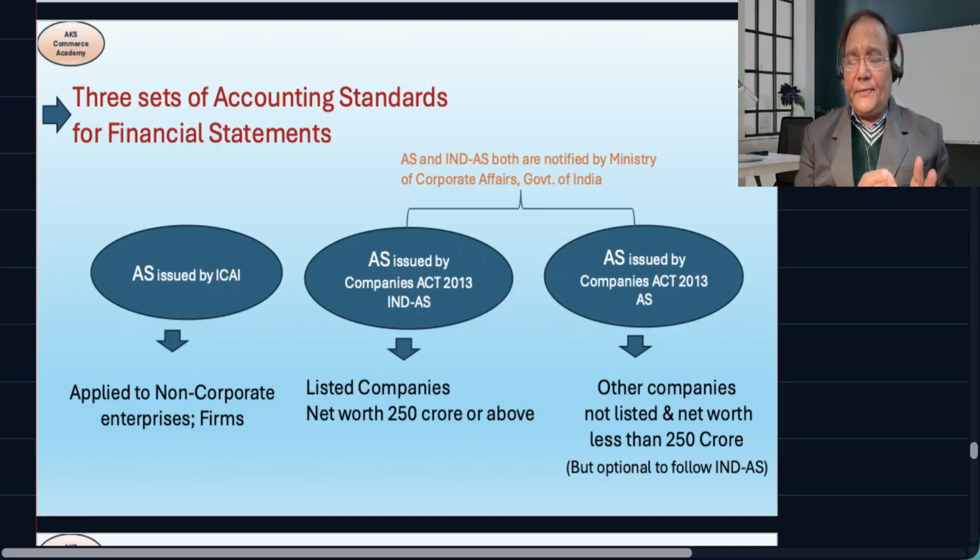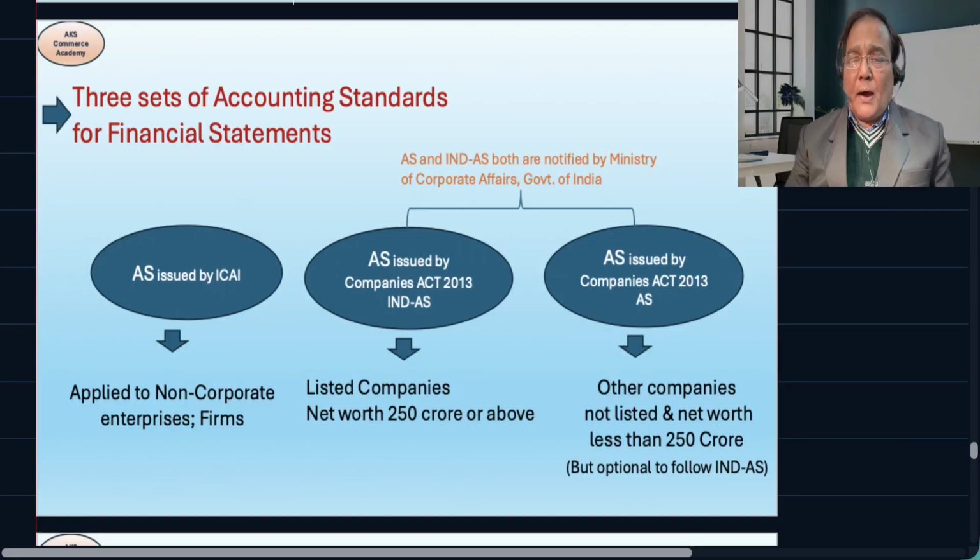The ICAI institute has developed an accounting standard which is to be applied to non-corporate enterprises like firms and small enterprises. There is also a capping given that if you fall into a category of revenue or net worth less than this, you have to follow this one. It is not mandatory to go ahead and follow the higher one.